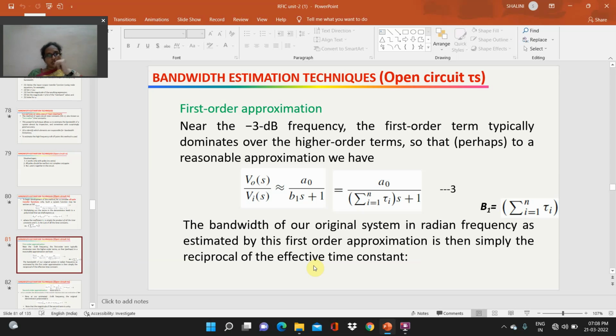This gives equation number 3. So the bandwidth of our original system in radian frequency, as estimated by the first order approximation, is then simply the reciprocal of the effective time constants.